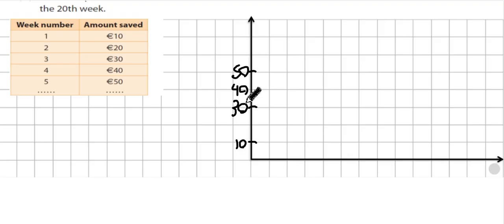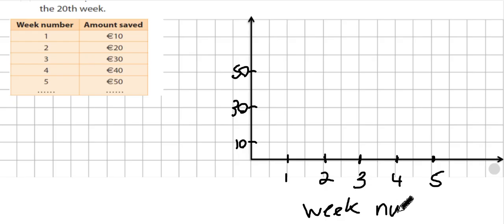Well, see the way if I start throwing in the 40 and the 20, it starts to look a bit congested. Would you agree with that? So you can space it out a little bit. Then I have to go all the way up to 5. So I'm going to make every 2 blocks worth 1. And I've made one mistake here. I haven't labeled anything. So I need to call this week number. You know this from science, don't you?